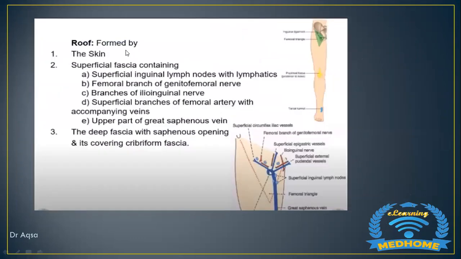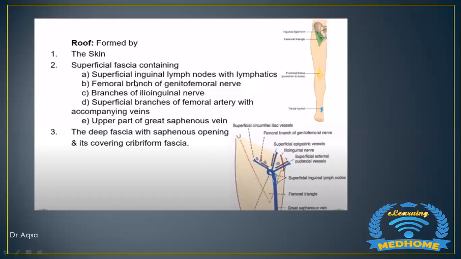Now, how is the roof of the femoral triangle formed? It is formed by the skin and the superficial fascia, which contains superficial inguinal lymph nodes along with lymphatics.